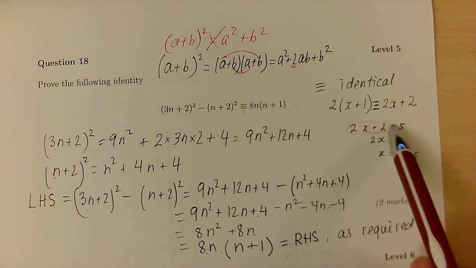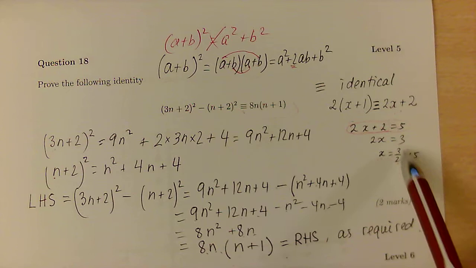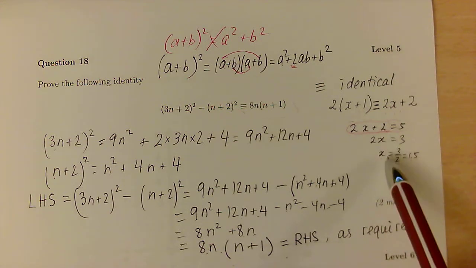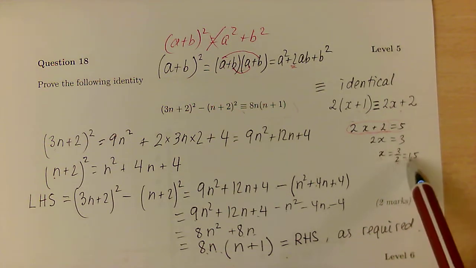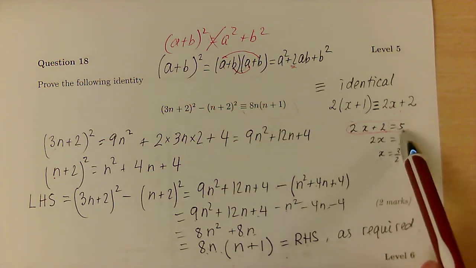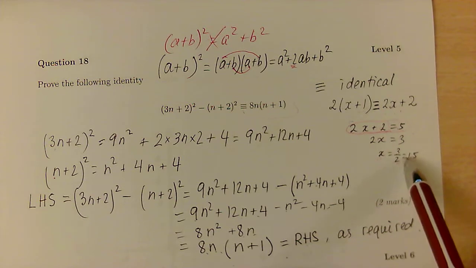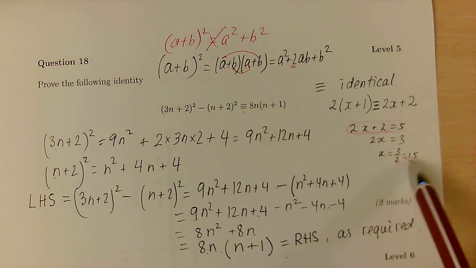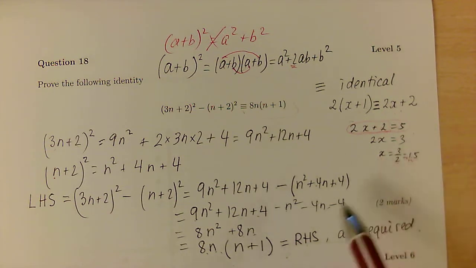So this equality will work only for x equals 1.5. You can check, 2 times 1.5 is 3, 3 plus 2 is 5. Okay, it definitely works for x equals 1.5, but it will not work for any other value of x.